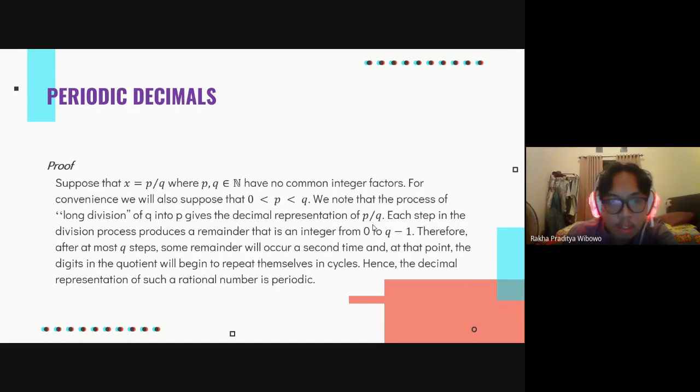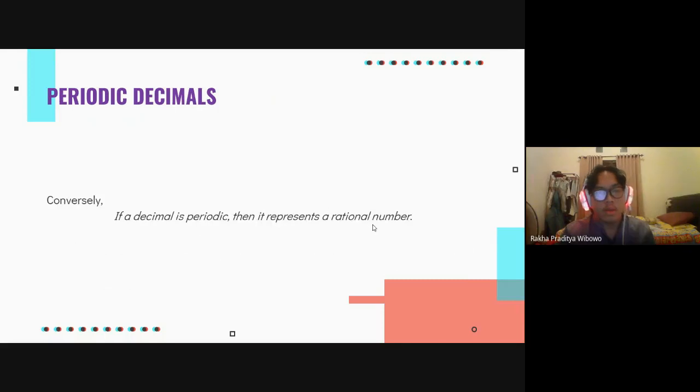Each step in the division process produces a remainder that is an integer from 0 to q minus 1. Therefore, after at most q steps, some remainder will occur a second time, and at that point the digits in the quotient will begin to repeat themselves in a cycle. Hence, the decimal representation of such a rational number is periodic.